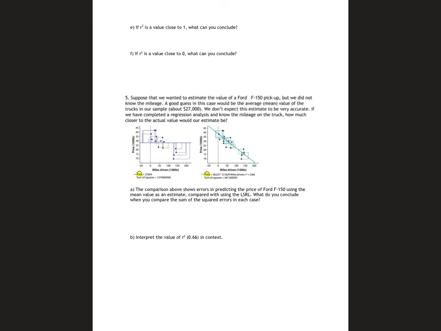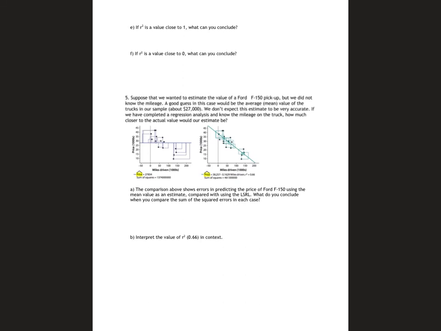If r squared is close to 0, what can I conclude? The errors generated by using y hat and y bar are essentially equal, so using one versus the other doesn't matter. Usually the default is you just use the mean if that's the case.